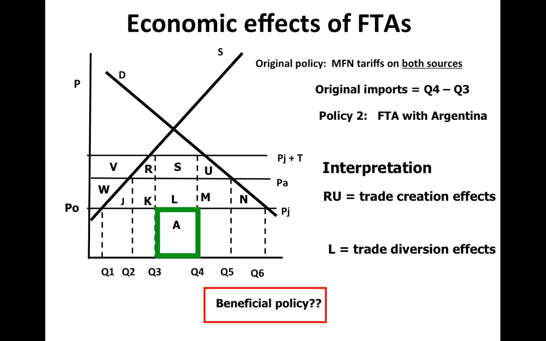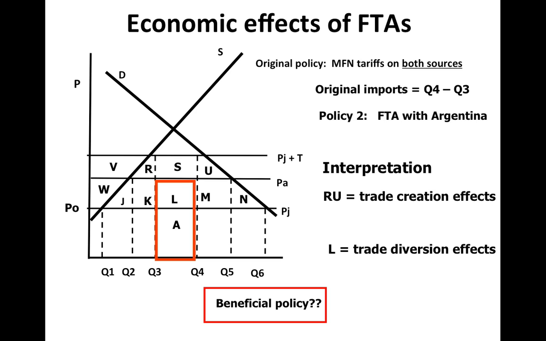After the free trade agreement with Argentina, to get that same amount of goods, the Brazilians have to pay L plus A to the Argentinians at the border. So you have an increased cost to importing this product from the Argentinians rather than the Japanese.